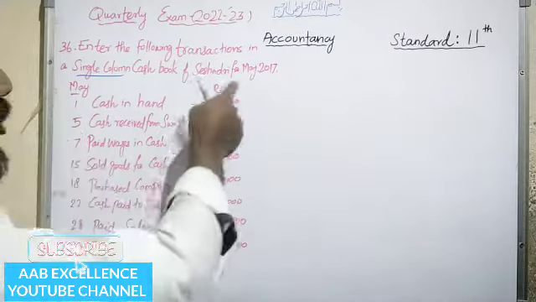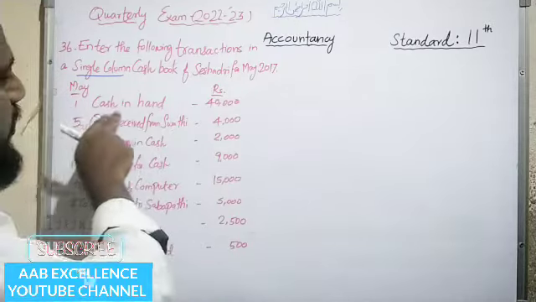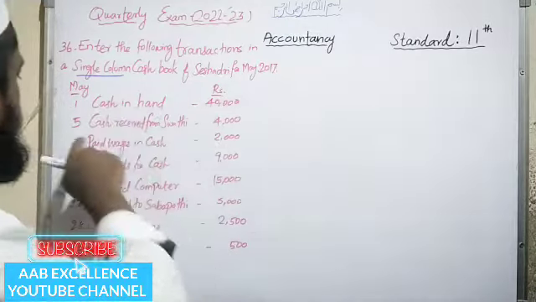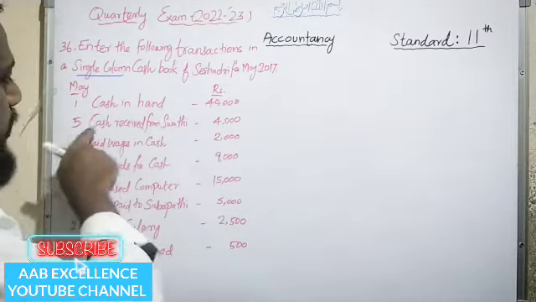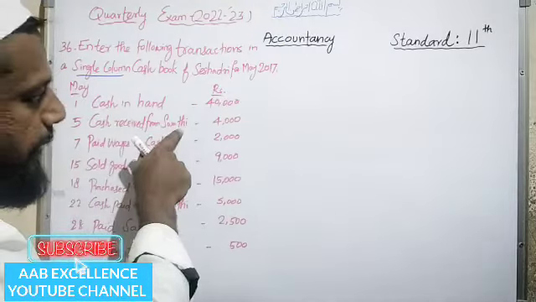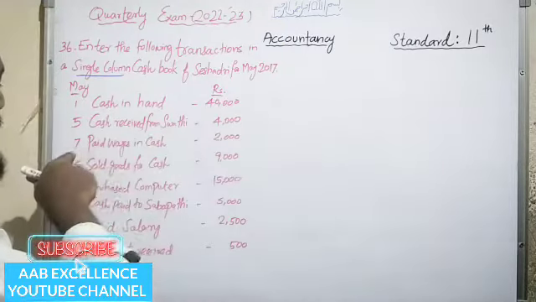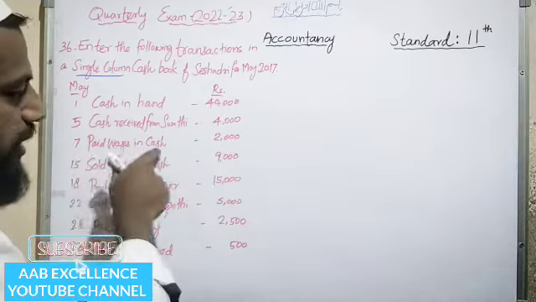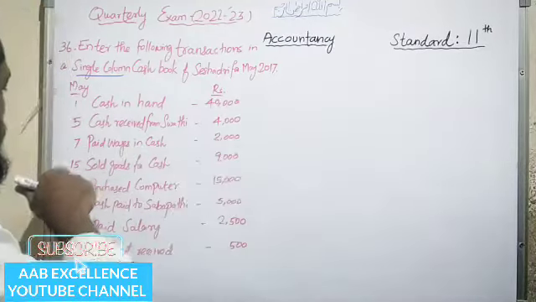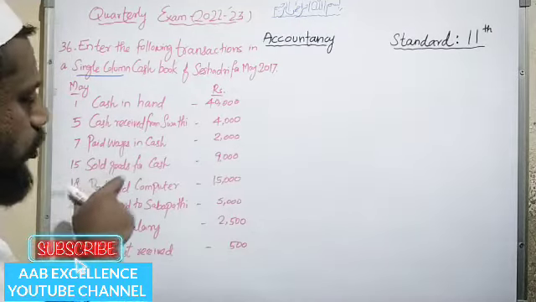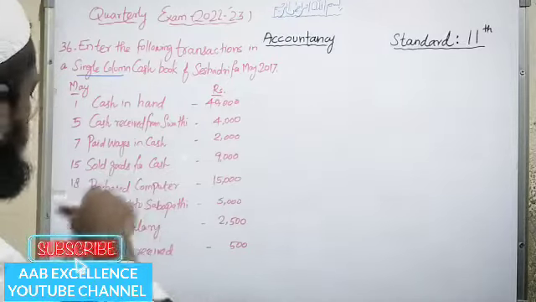May 1st, cash in hand 40,000. May 5, cash received from Swati 4,000. May 7, paid wages in cash 2,000. May 15, sold goods for cash 9,000.